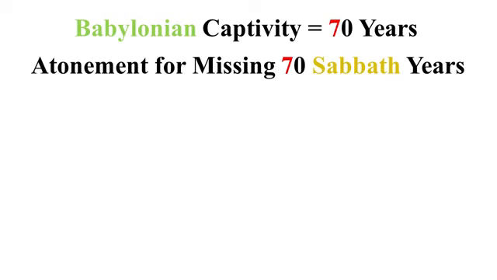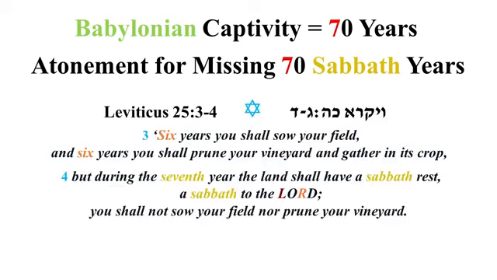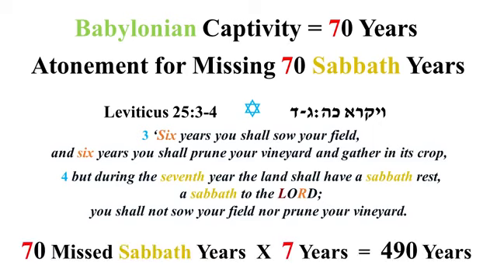And we know the rule, reminding Leviticus 25:3, 6 years you will sow, 6 years you shall prune, but during the 7th year the land will have a Sabbath rest, a Sabbath to the Lord. Okay, so it's 1 in 7, so it sounds like 490 years they missed.